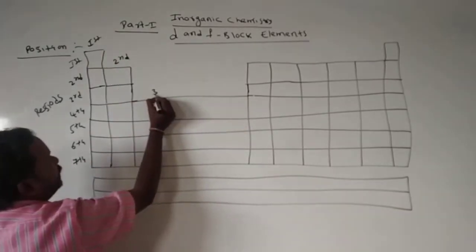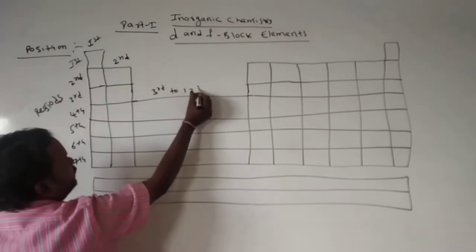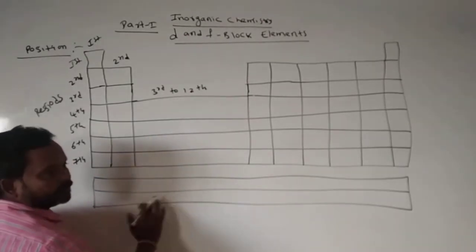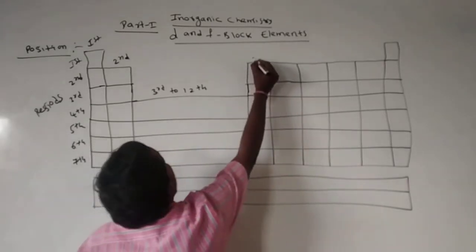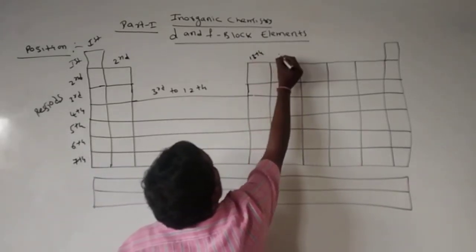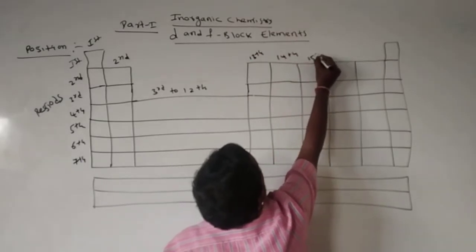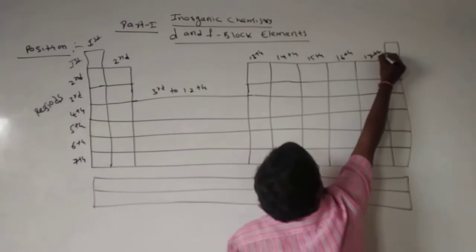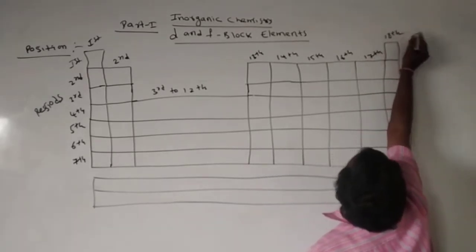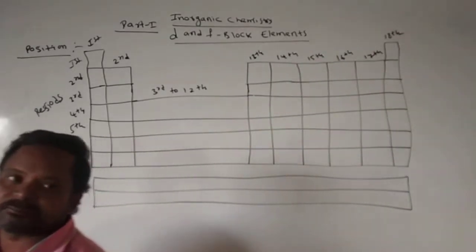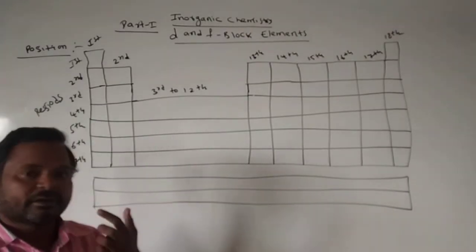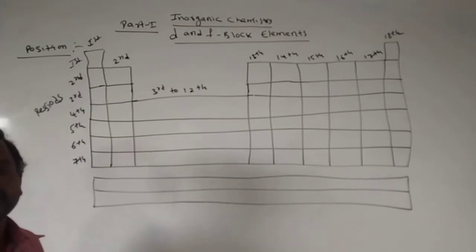Here, third to 12th groups are arranged, and after the 12th comes the 13th, 14th, 15th, 16th, 17th, and the 18th group elements. I don't want to discuss the first group, second group, 13th to 18th groups. Already it is finished in first PUC, and online also I finished with those elements.